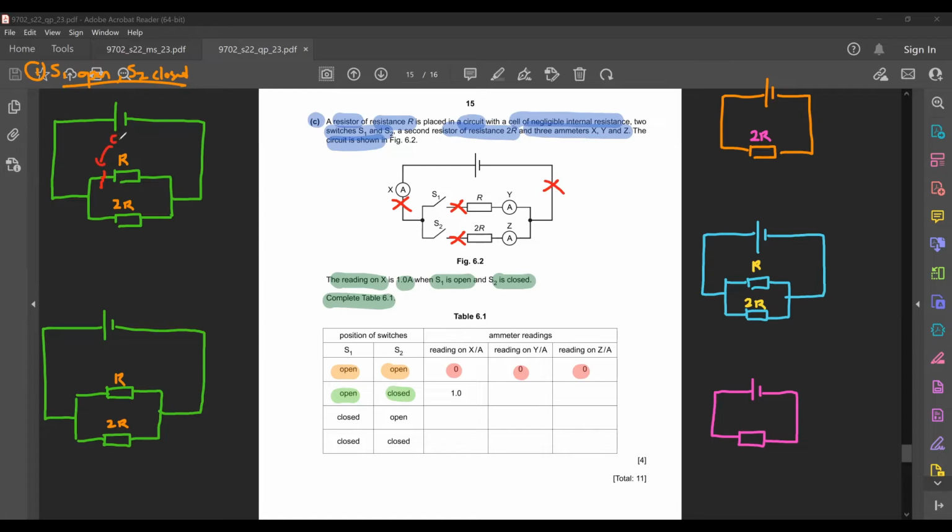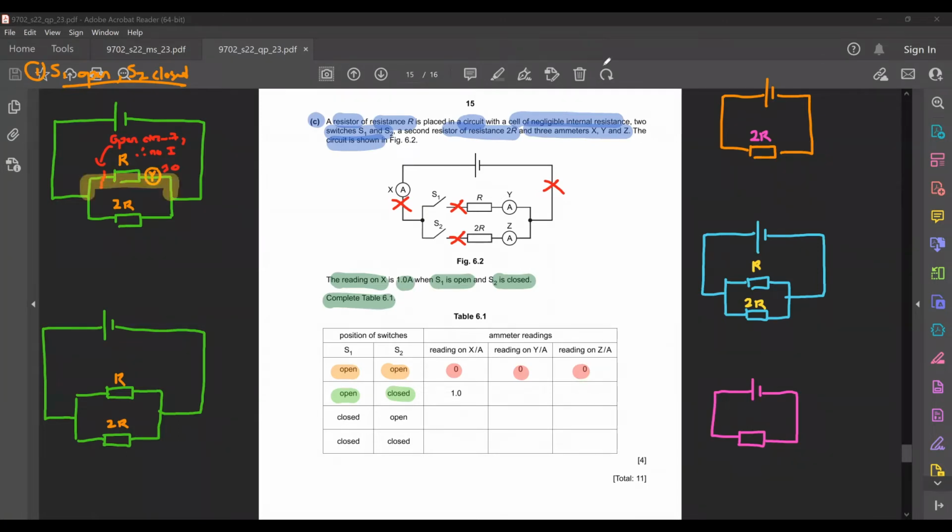So this part is considered to be an open circuit. Therefore, no current. Okay. So along this path here, you have ammeter Y. The current reading on ammeter Y ought to be 0. Because as mentioned before, this path here has no current flow.